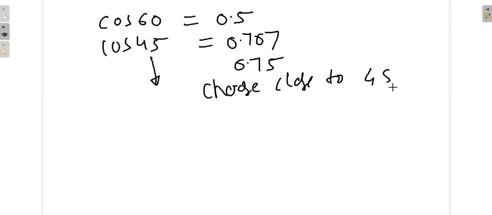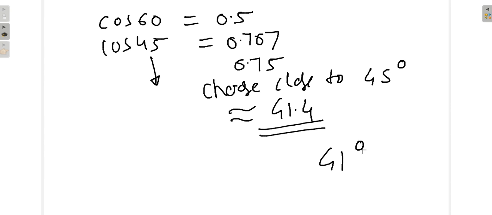If we actually look up the log tables, cos inverse of 0.75 is 41. So the answer is 41 degrees.